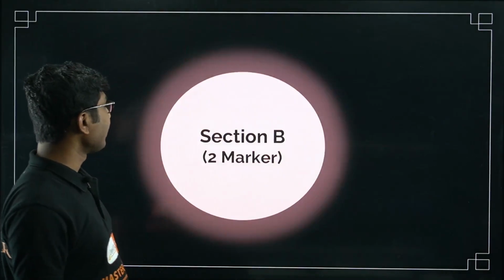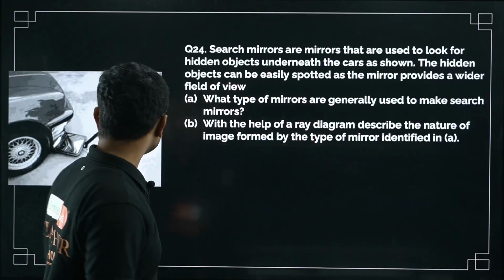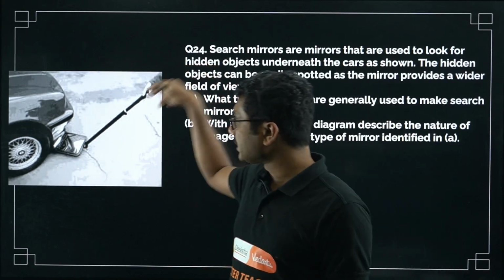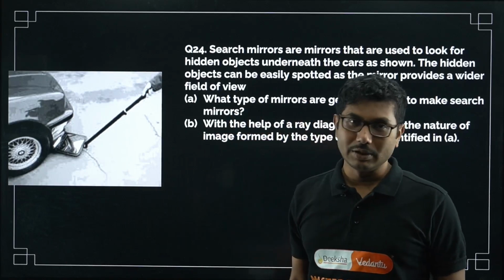Now next part is section B, 2 marker question. Let's see that. If you see this diagram, there is a person using a mirror to check what is below the car, right.